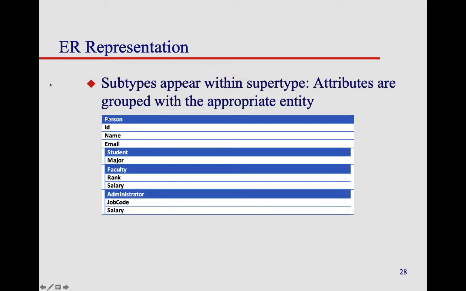The student would be both in the person table, and then additional information about it, the student would be in the student table. So you have four separate tables. Four separate tables, and the primary key for the supertype is also the primary key for each of its subtypes. And in the subtype, that primary key becomes a foreign key into the supertype.